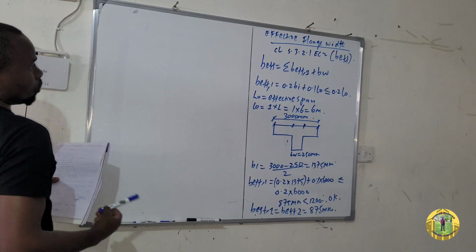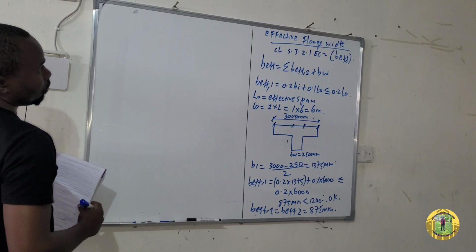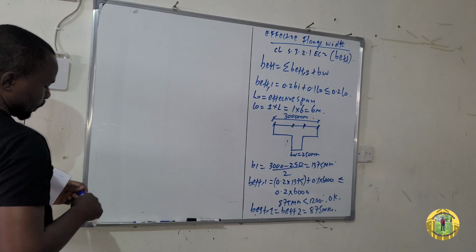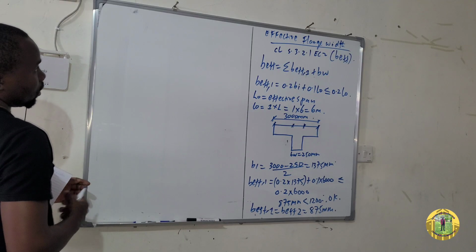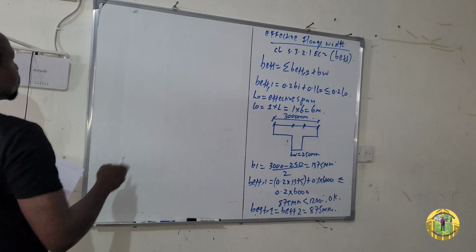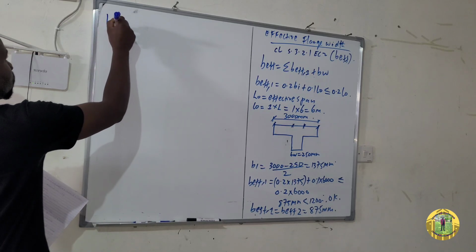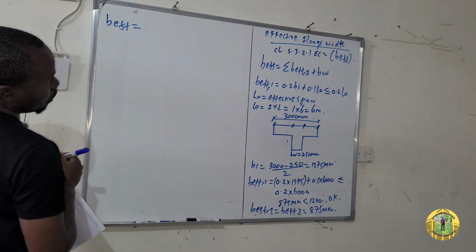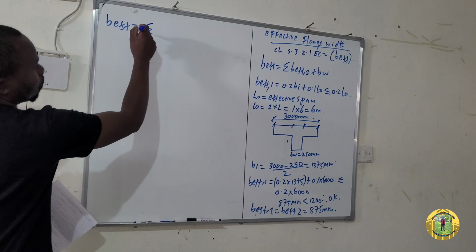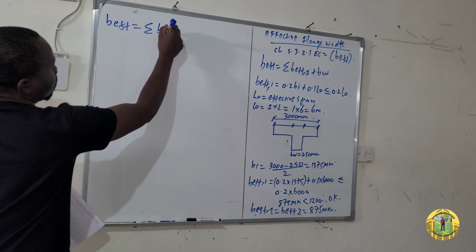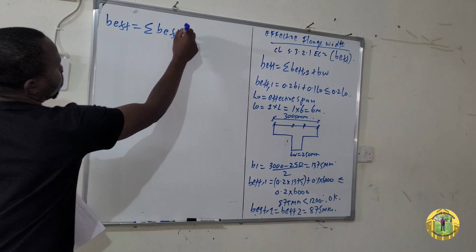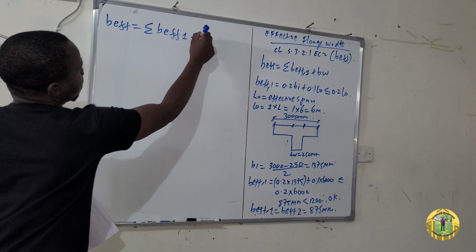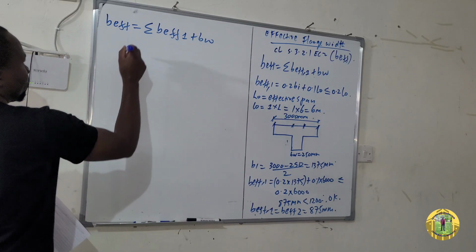Now let's continue. To calculate the effective flange width, the formula is there: summation of BEFF plus BW.